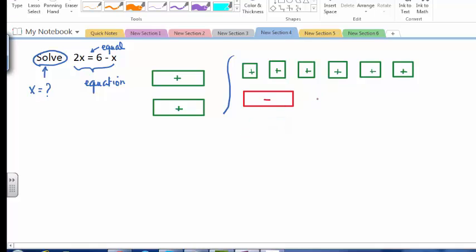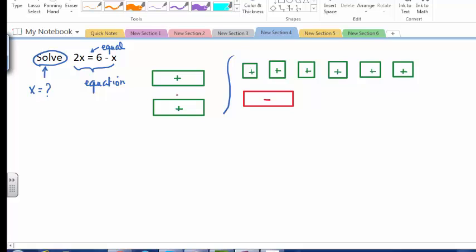Now, how to solve the equation? To solve the equation, we need to gather all the variables on one side and all the numbers on the other side. As you can see, for me, it's easier to put all the variables on the left side and all the numbers on the right side.